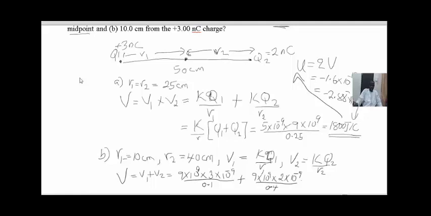When we evaluate this, we get a total potential of 3.15 times 10 to the power 2 joules per coulomb.